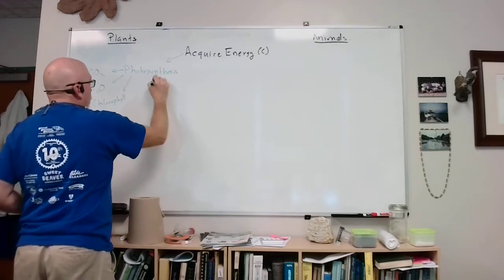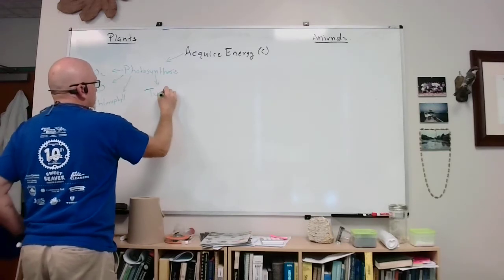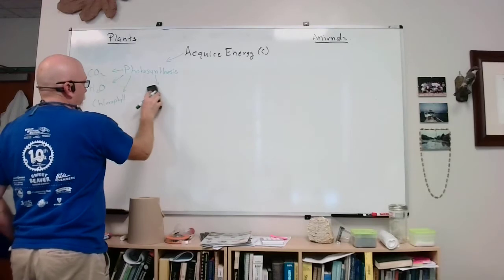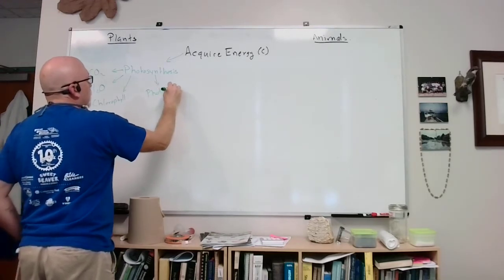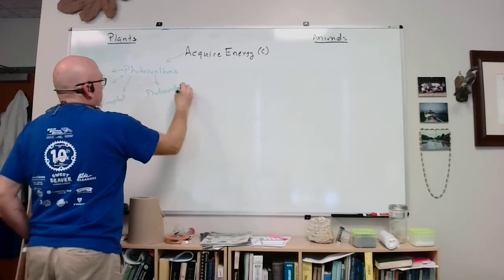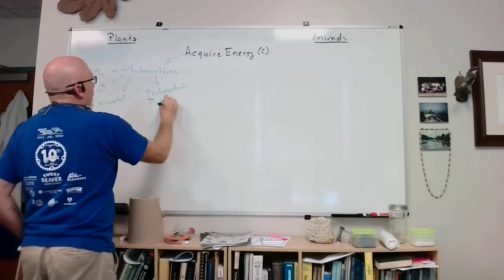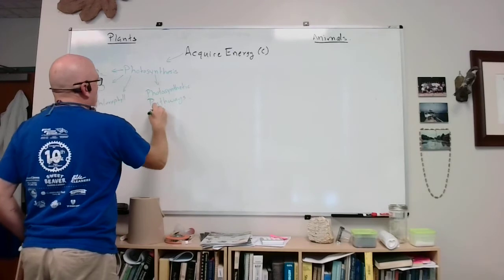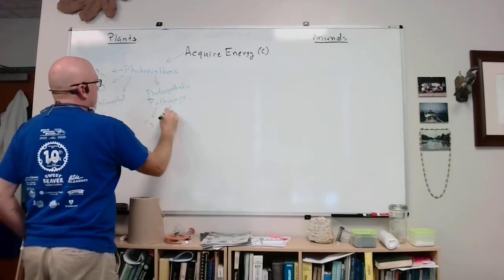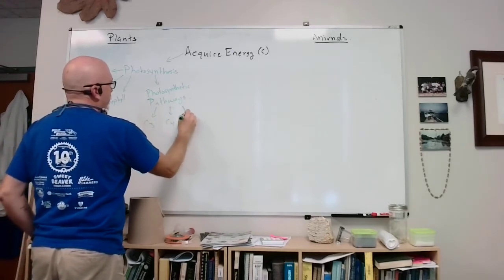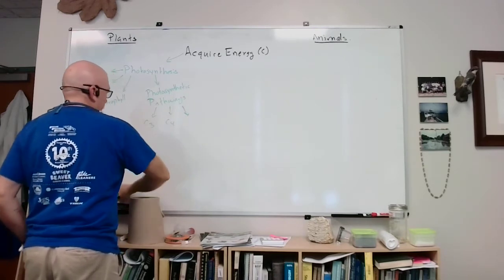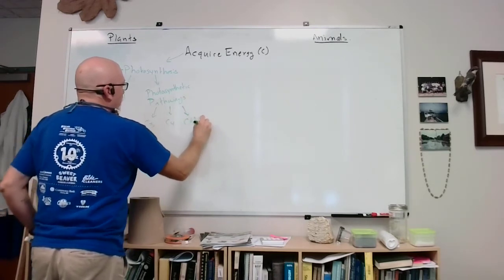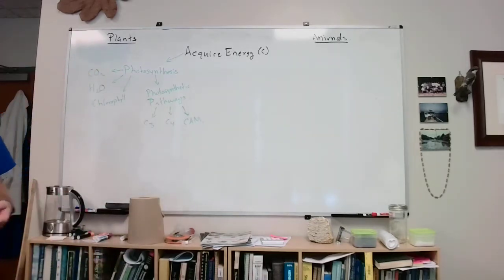We could say there are different types of photosynthesis, or we could say there are different photosynthetic pathways, which is the fancy way of saying this. And those photosynthetic pathways are C3, C4, and CAM, crassulacean acid metabolism.